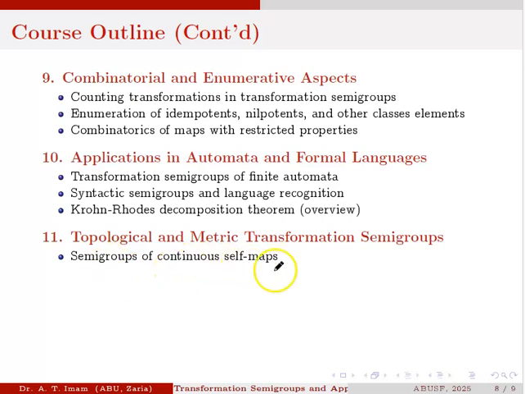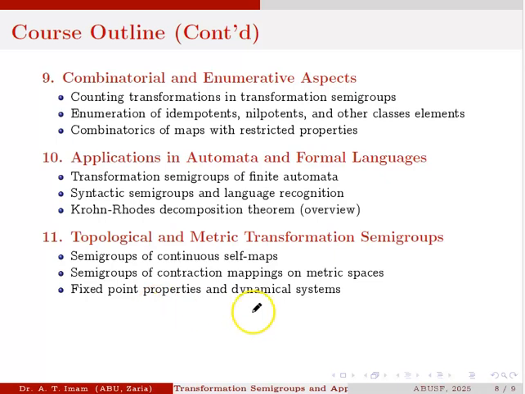So semigroup of continuous set maps on a metric space or topological space, and then we'll look at semigroup of contraction mappings on metric spaces, fixed point properties, and dynamical systems.